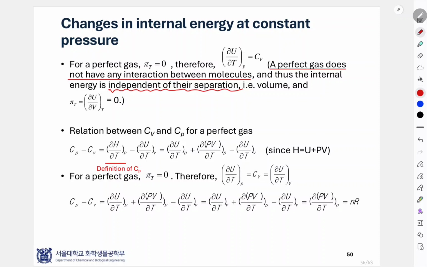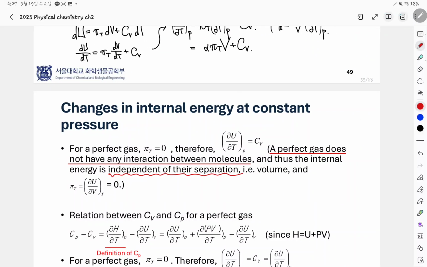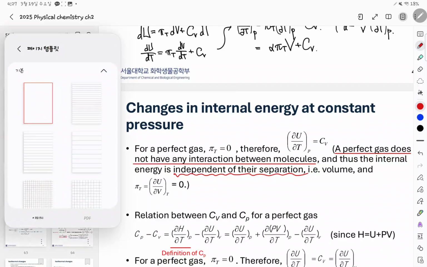From this equation for a perfect gas, the internal pressure is 0, so we can write that the internal energy change with the change in temperature at constant pressure is C.